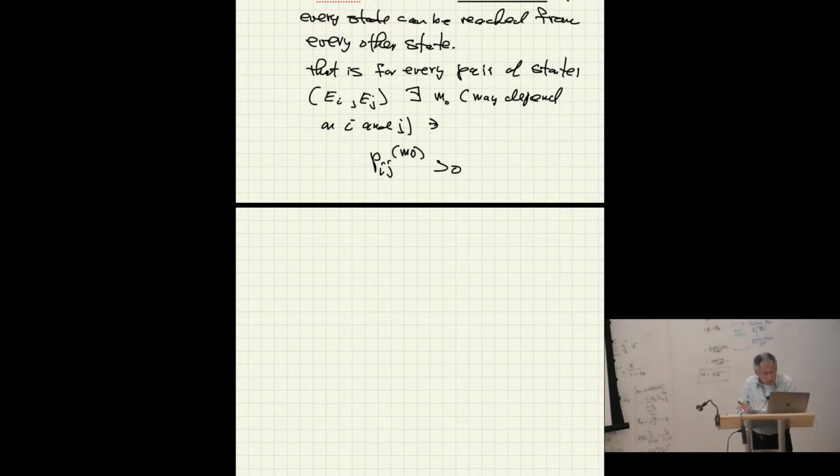Okay, more definitions now. And again, I remind you, this is all in the book. You can read it slowly there with better handwriting. Let A be the set of all states in the Markov chain.